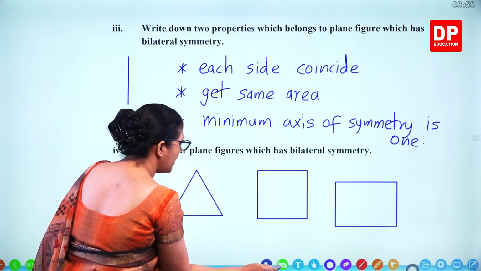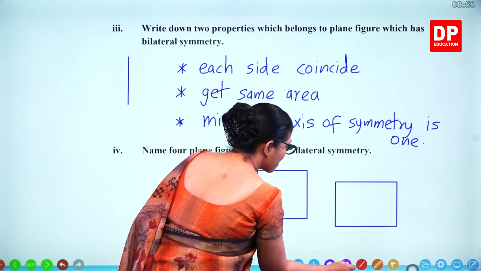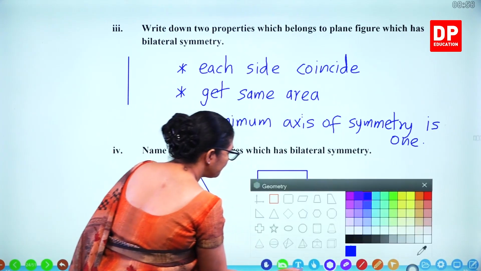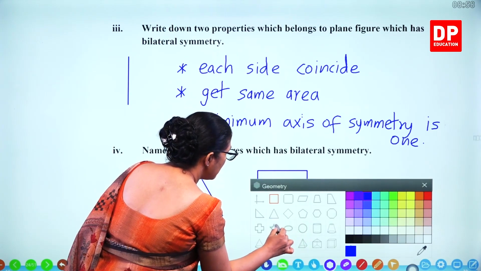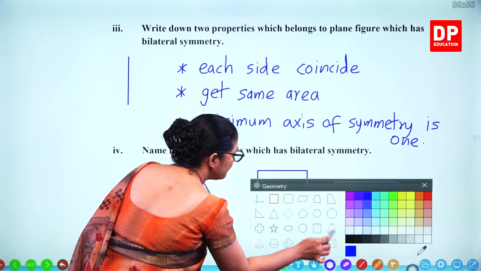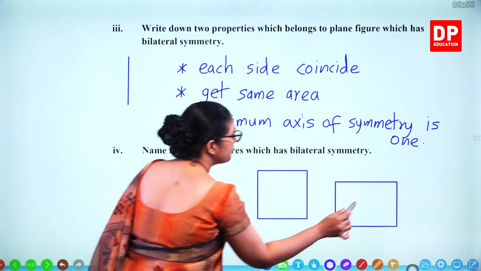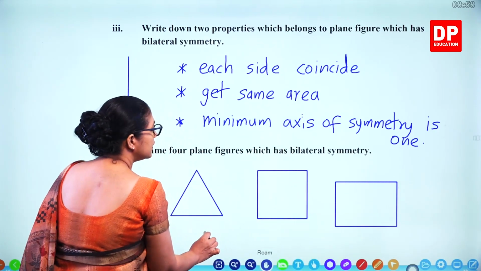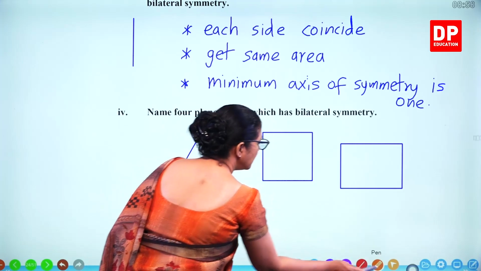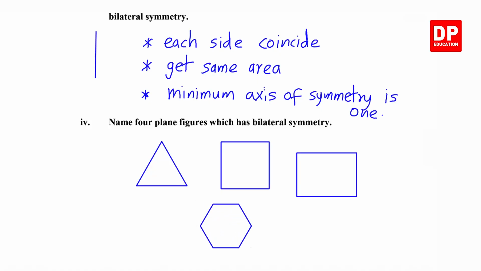Rectangle, and what else? I'll draw a hexagon. Hexagon is here, 6-sided.